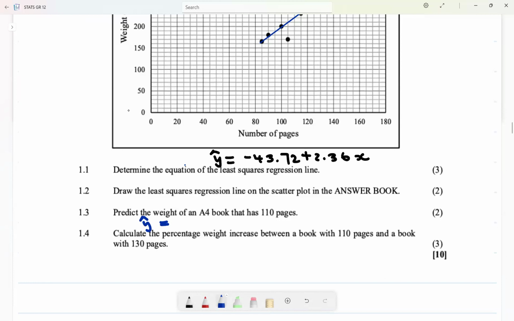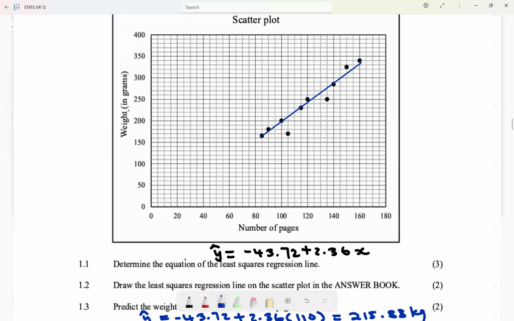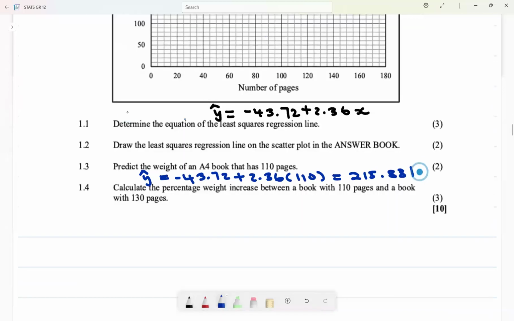The weight of those number of pages is going to be negative 43.72 plus 2.36 multiplied by 110. And then I get something like 215.88. This is the weight. I can say kilograms if I want to, or it is basically in grams.